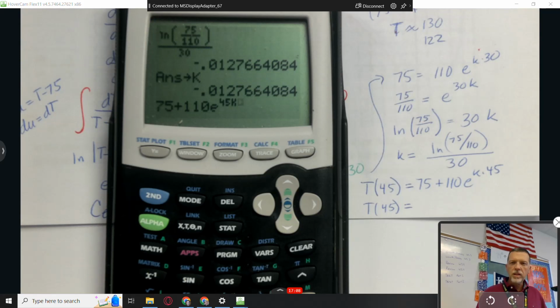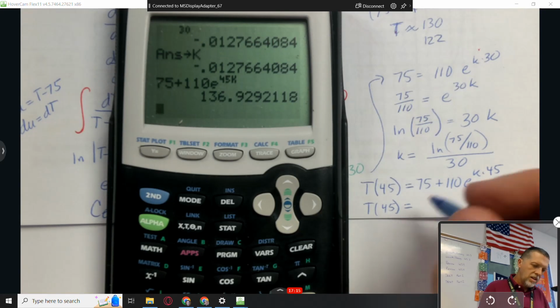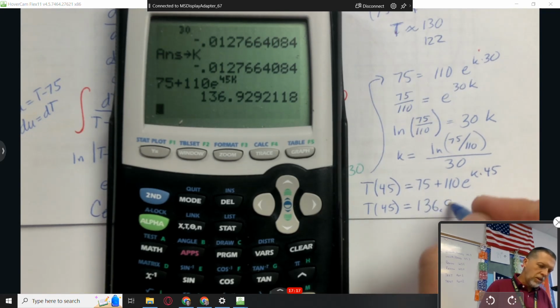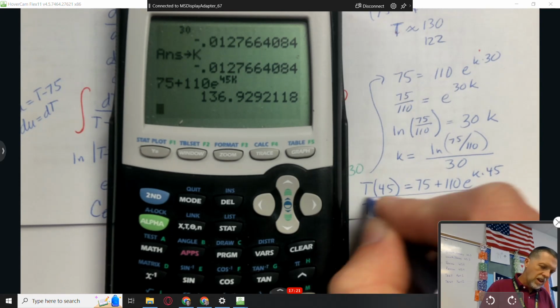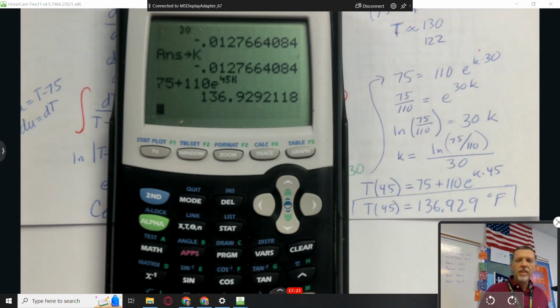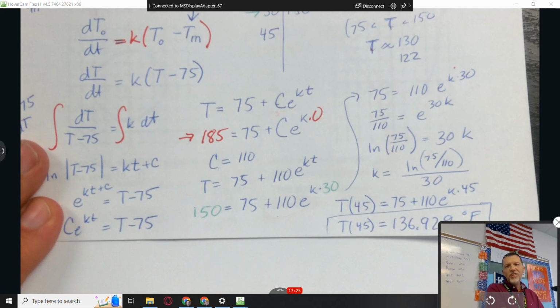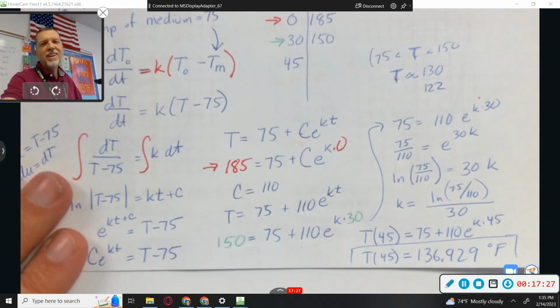Plus 110 e to the 45k. Yeah. 136.929. Trey was closer on his first guess than his second, but he was in the ballpark.